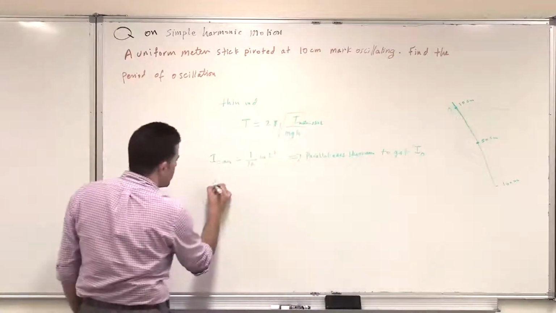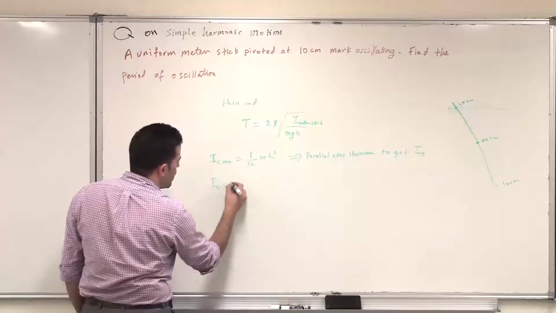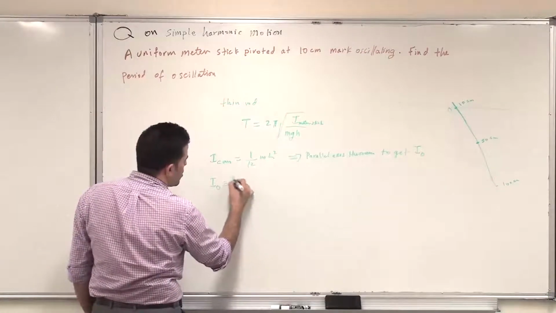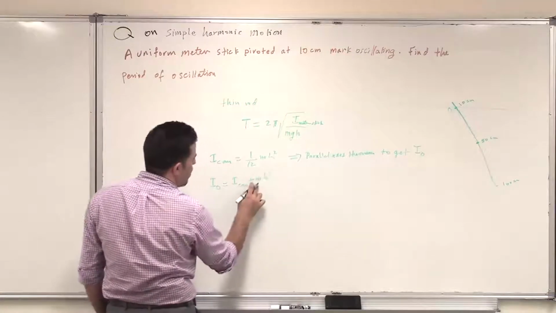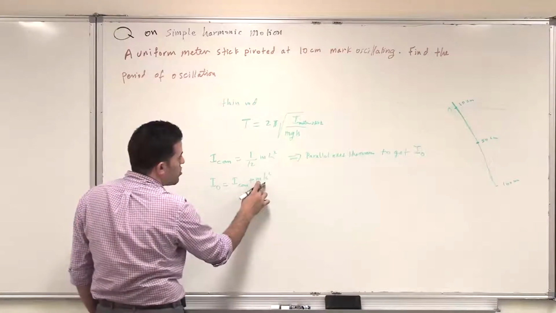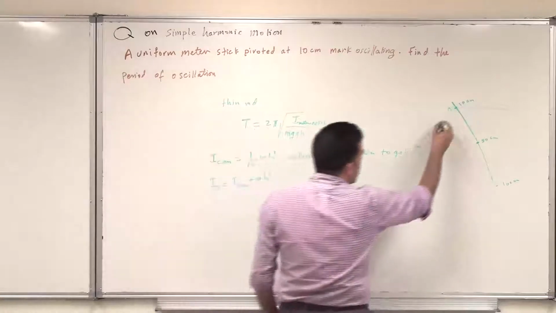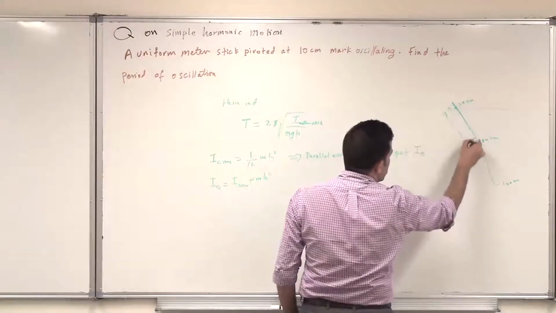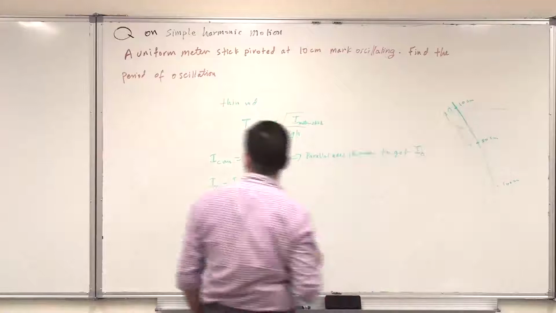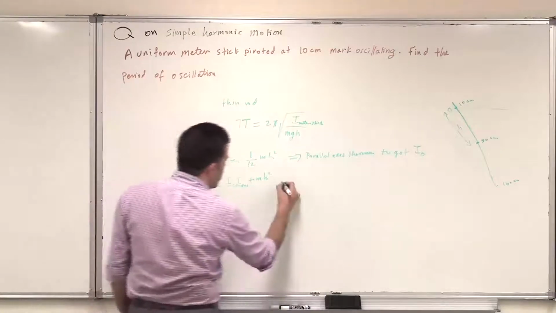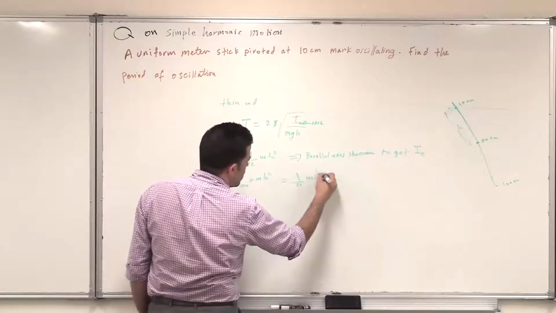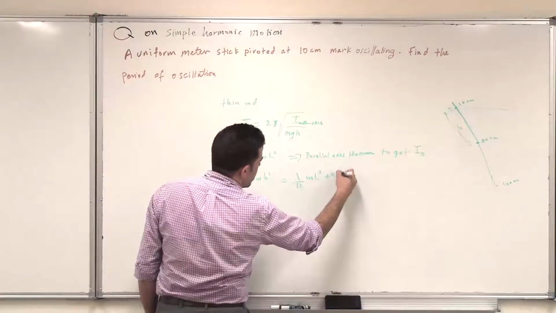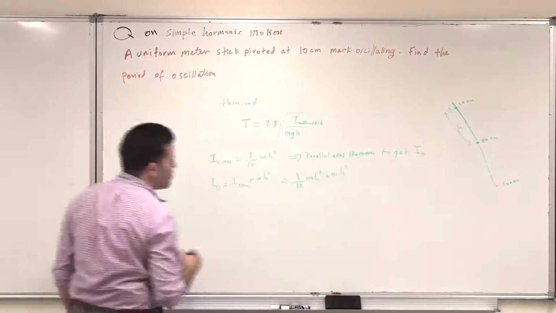So I relative to the pivot point is the I at the center of mass plus mh square, where m is the mass and h is the distance between the pivot point and the center of mass. So this is h. So now I will be 1/12 ml square plus mh square.